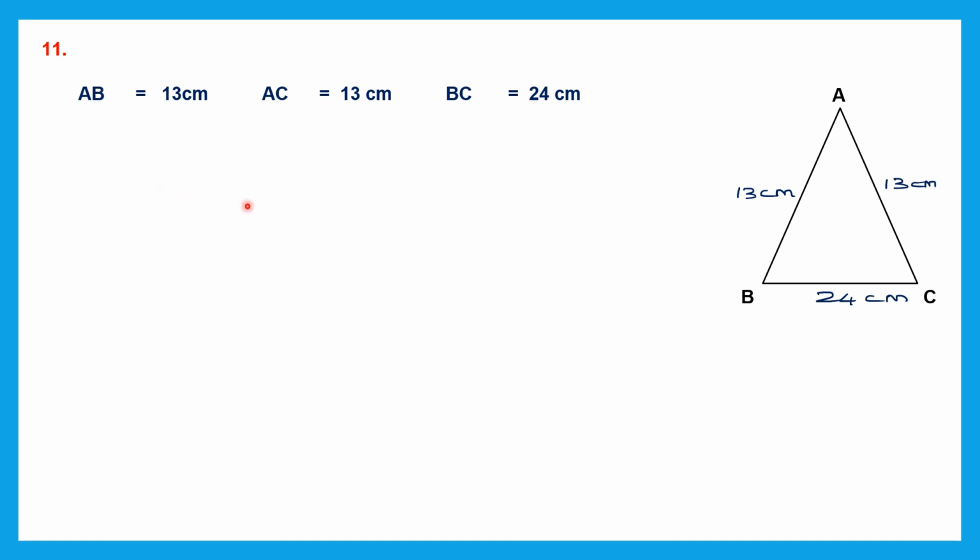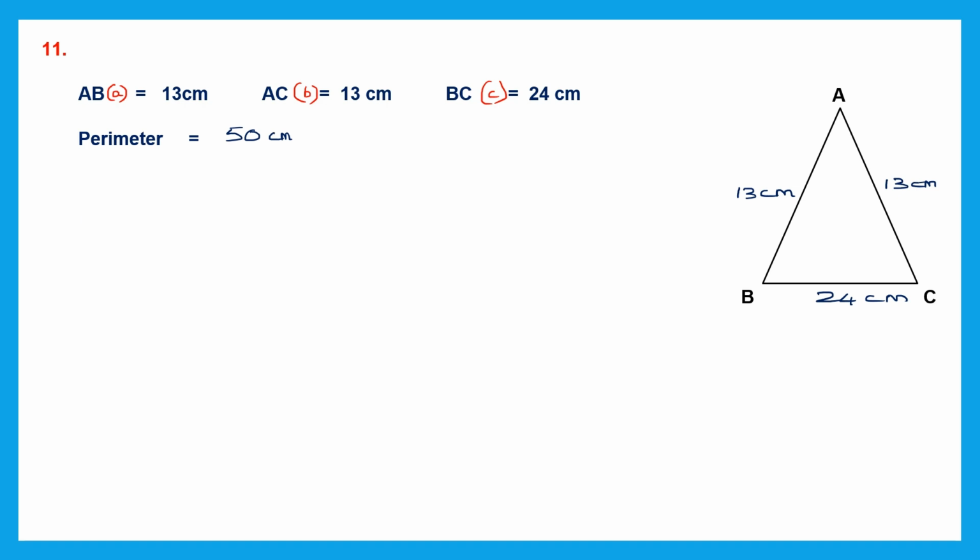So according to Heron's formula, we have to find the semi-perimeter and use it. Now AB is taken as side A. AC can be taken as side B and BC can be taken as side C. This is for our Heron's formula. Now the perimeter is also given to us, and the perimeter is 50 centimeters.